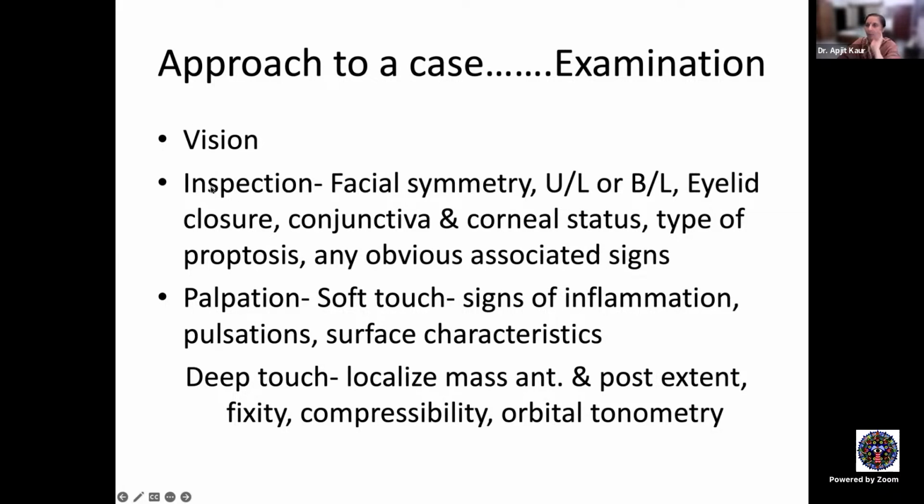Then you inspect the patient just as you look at the patient when he comes towards you. Facial symmetry. Under what headings will you look for the facial symmetry? The position of the eyebrows, the bilateral palpebral apertures, the malar prominence, the nasolabial folds, and the angle of the mouth. 5 points, you quickly scan the face.